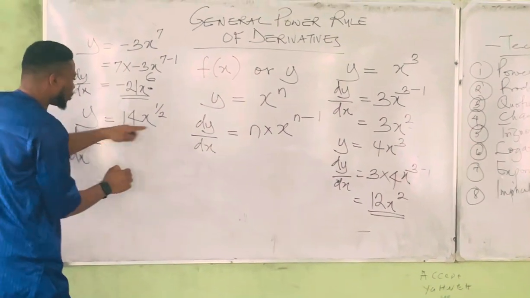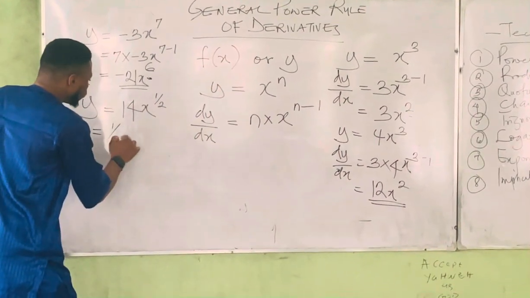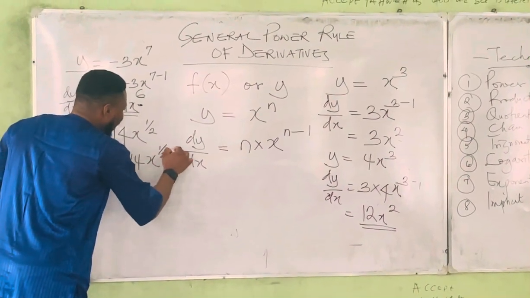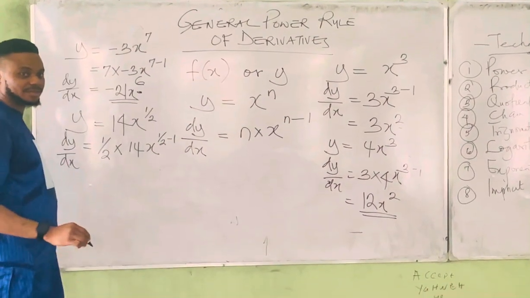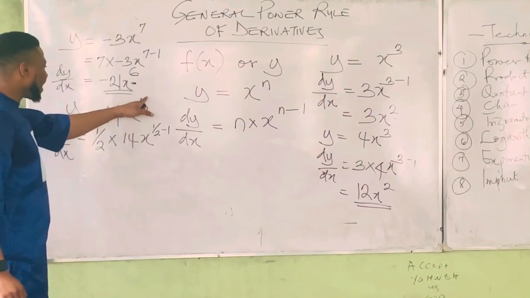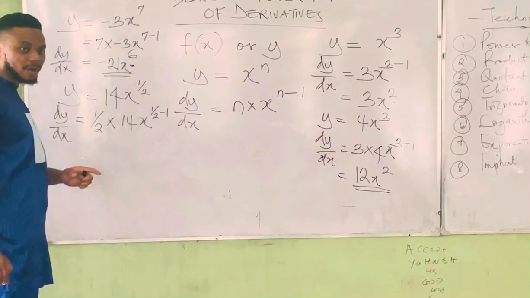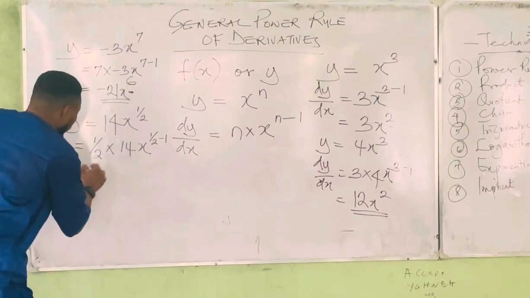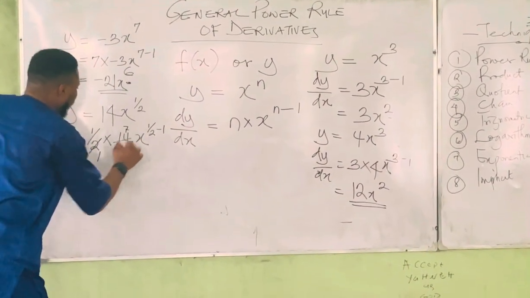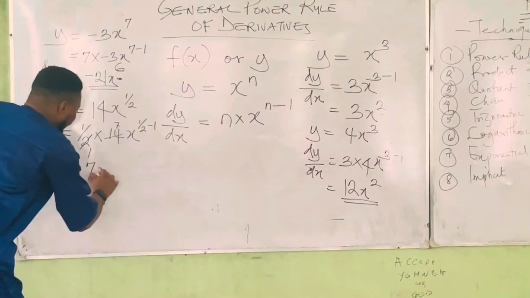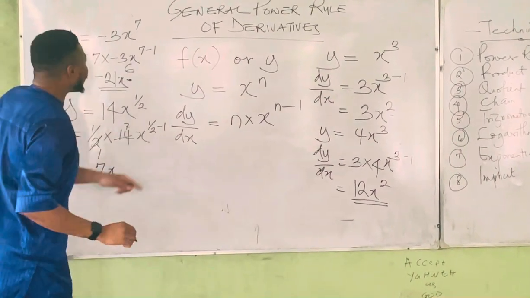To get your dy over dx, you say 1 over 2 times 14, then x raised to power 1 over 2 minus 1. Always multiply your power by the coefficient and subtract 1 from your power. 1 over 2 times 14 will give you 7. So 7x raised to power 1 over 2 minus 1.